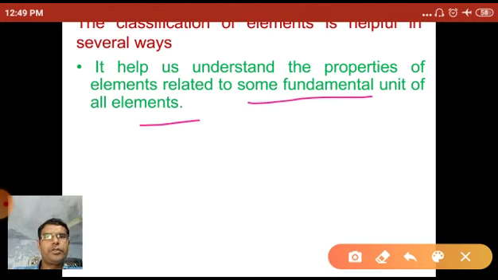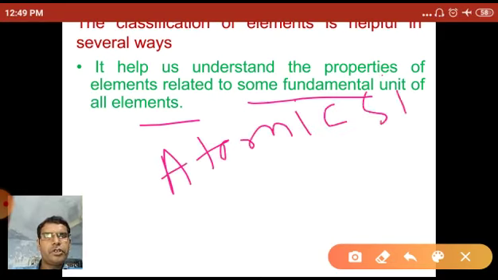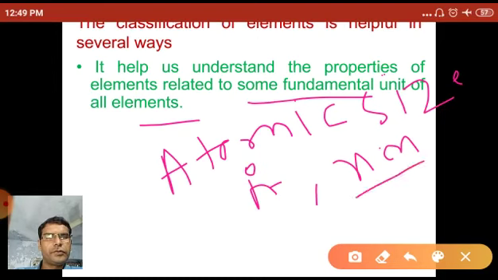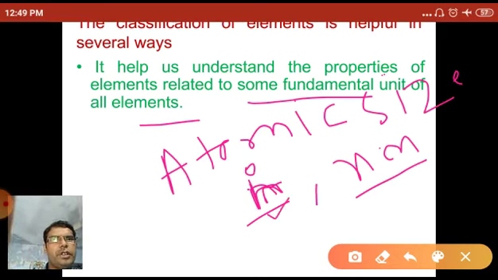Suppose the atomic size of the elements can be measured in angstrom or nanometer.